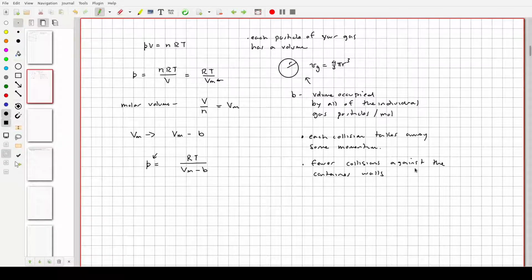Okay? Now, what that means is that our pressure over here is an overestimate as to what the pressure really would be. So in order to make this equal, you would start off with your ideal gas pressure and you'd have your real pressure.